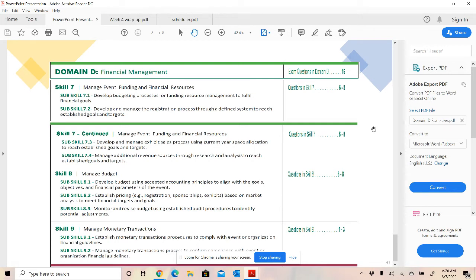Develop and manage the registration process through a defined system to reach established goals and targets. This subskill just talks about managing the grant funding process. So make sure that you're familiar with grants and researching grant maker databases that identify different possible grant sources and any money that you can bring in.